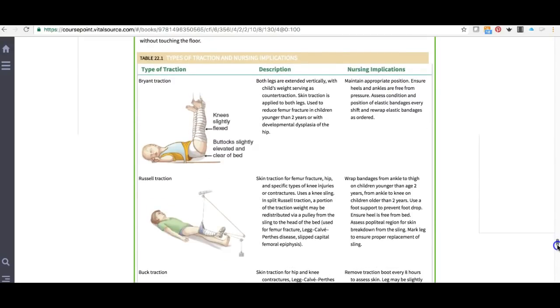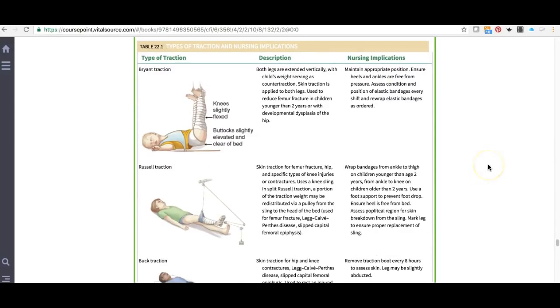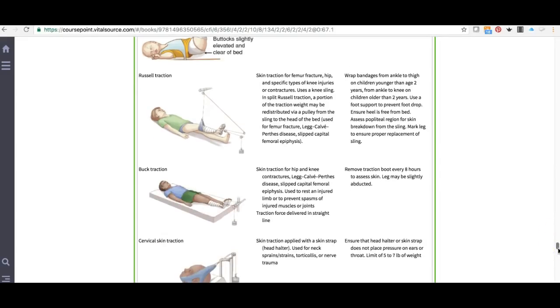Okay, here's our traction. They've divided it up into skin traction and skeletal traction, and you need to know what is skin traction and what is skeletal traction, okay? So the big ones that you're gonna see, you're gonna see 90-90 traction, usually in a femur fracture in the hospital.